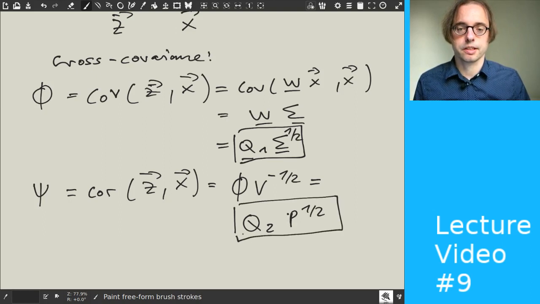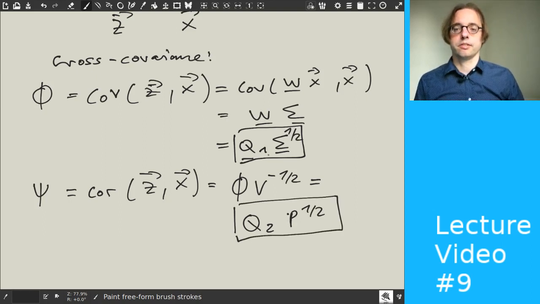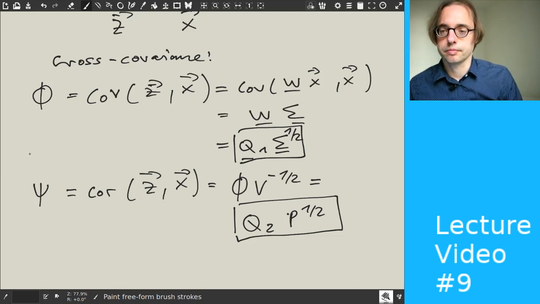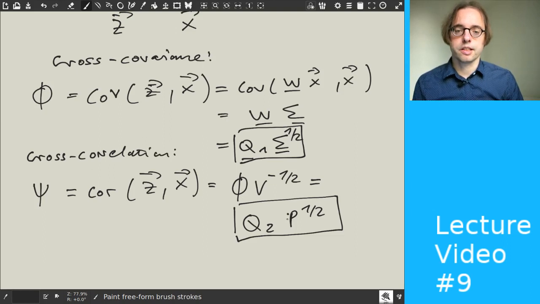So it looks exactly the same as the cross covariance, only now expressed in terms of the correlations rather than the covariance. This also shows the meaning of Q1 and Q2: Q1 is the rotation factor for the covariance, and Q2 is the rotation factor for the correlations.